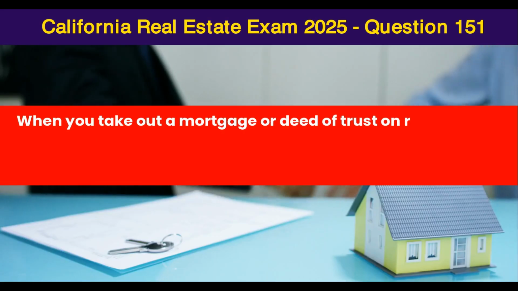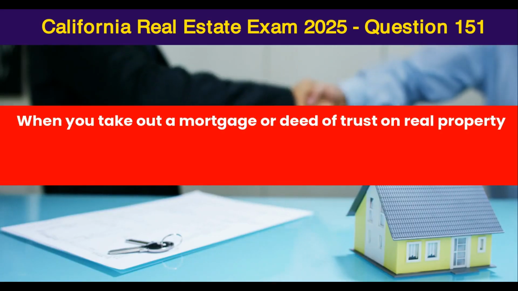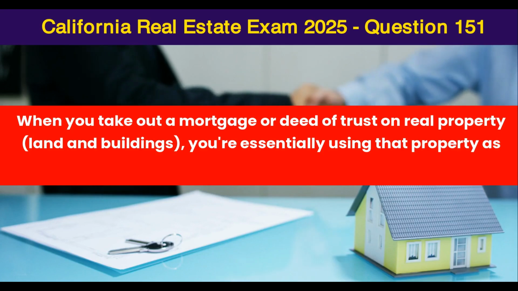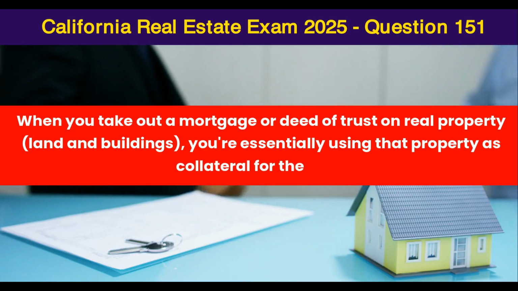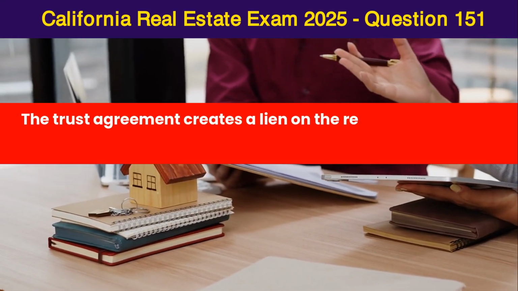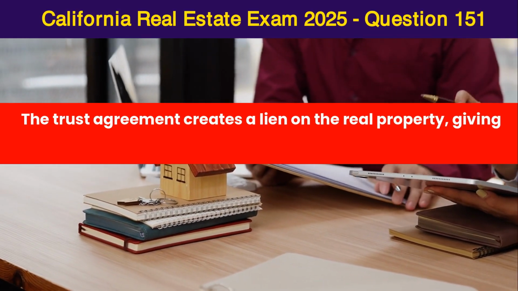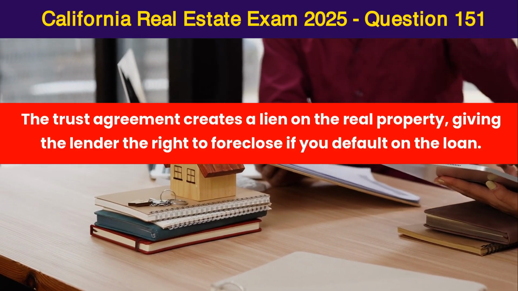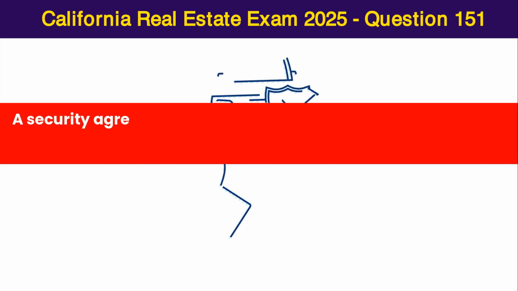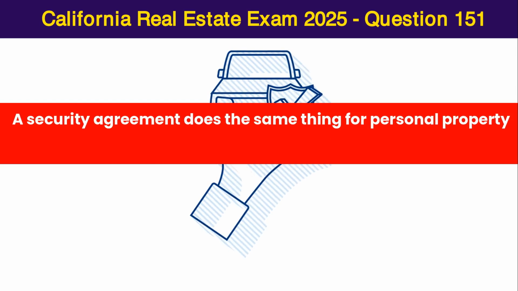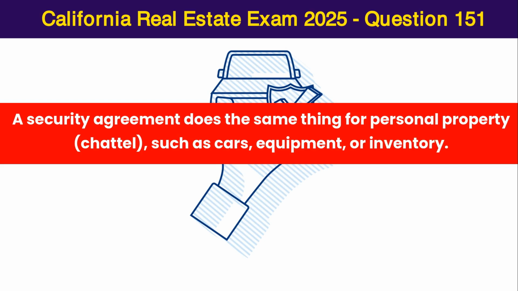When you take out a mortgage or deed of trust on real property, land and buildings, you're essentially using that property as collateral for the loan. The trust agreement creates a lien on the real property, giving the lender the right to foreclose if you default on the loan. A security agreement does the same thing for personal property, chattel, such as cars, equipment, or inventory.